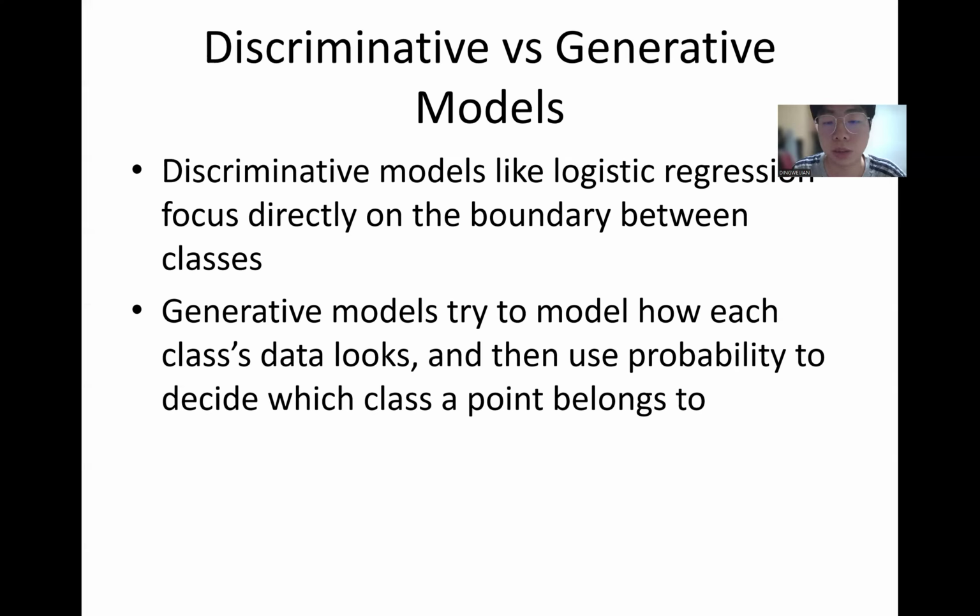They try to understand how each class's data is distributed, then use Bayes' rule to classify new points. So a discriminative model says, let's draw a line between cats and dogs, while a generative model says, let's learn what cats look like and what dogs look like. LDA and QDA both belong to the second family, the generative models.